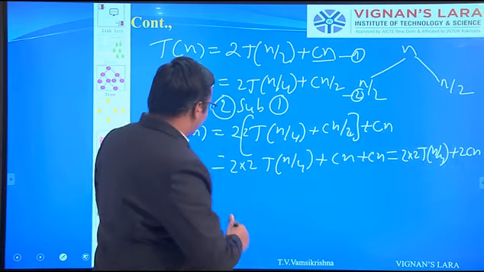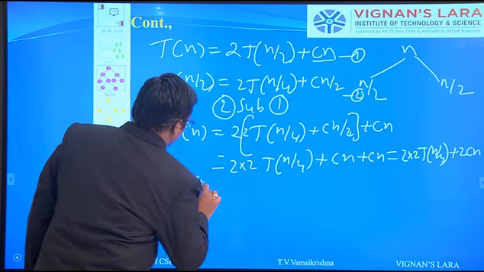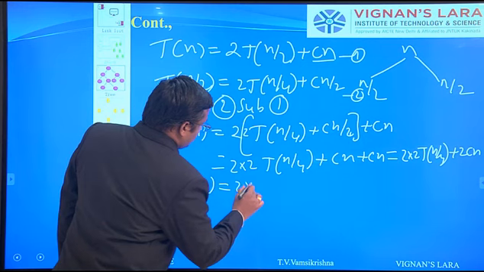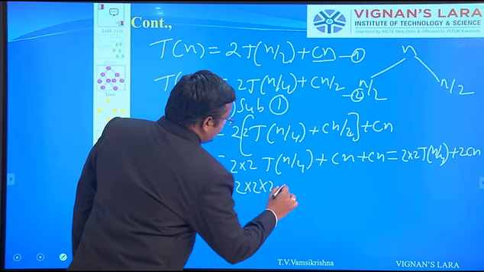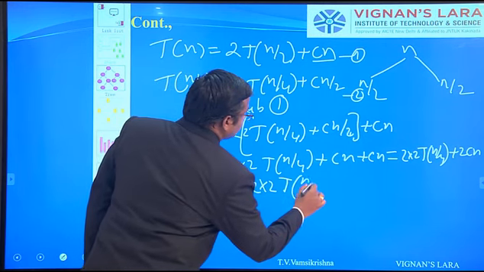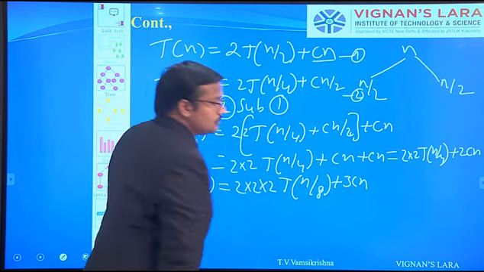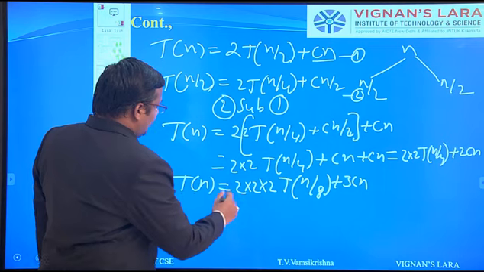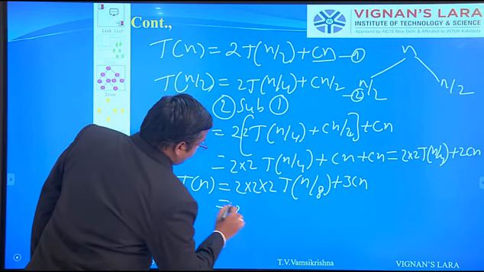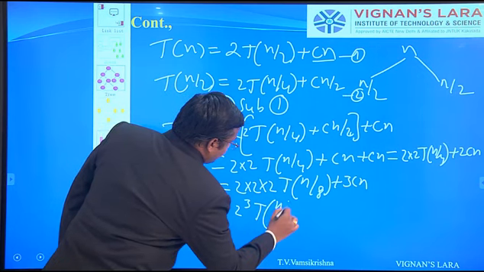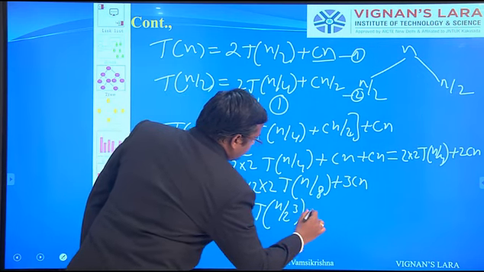Again we calculate T of n by 4 and substitute it here. Suppose we are substituting recursively. T of n is equal to 2 into T of n by 8 plus 3Cn, which is written as 2 power 3 T of n by 2 power 3 plus 3Cn.